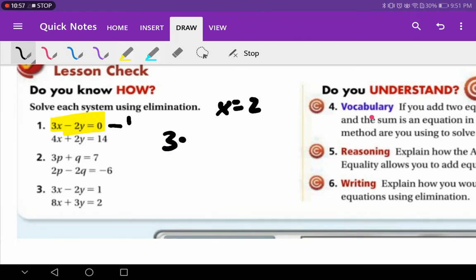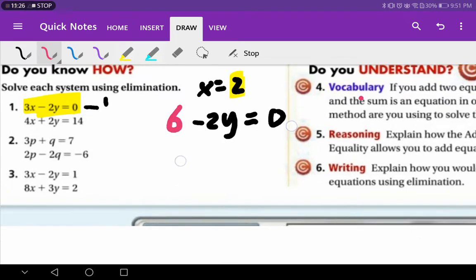3 multiply x, let me write it again, negative 2y equals 0. As I said, replace this by 2. 3 multiply 2, my dear students, it is 6. Bravo.